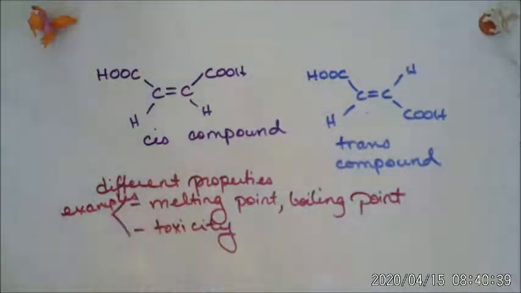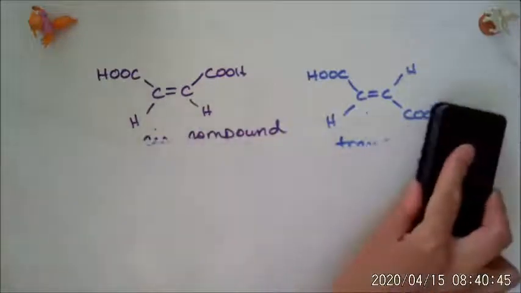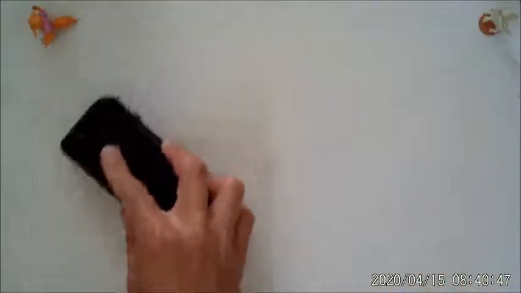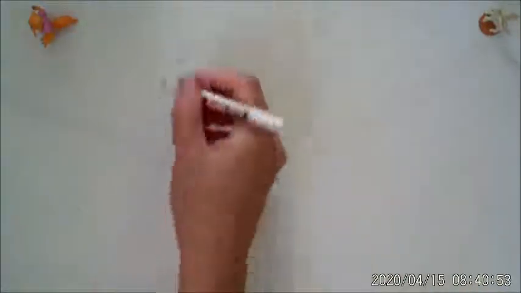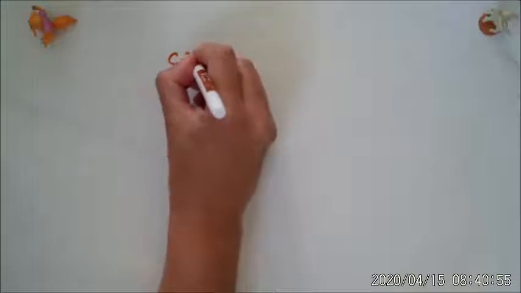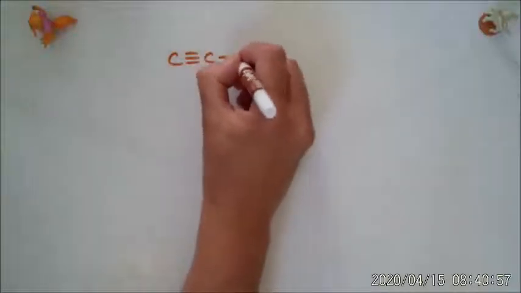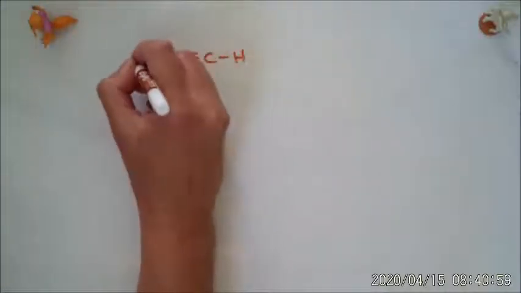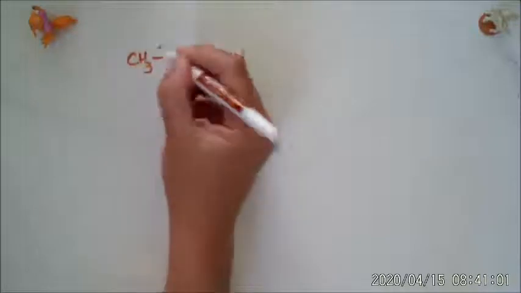Okay, so that's our bonding. Now let's talk about a triple bond. Double bonds are significant because there is no free rotation. What about a triple bond? Is there free rotation? Well, let's take a look at something like this.